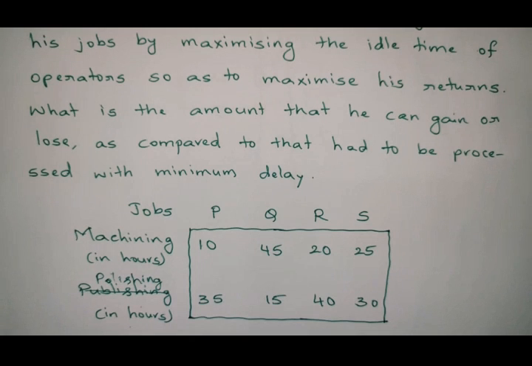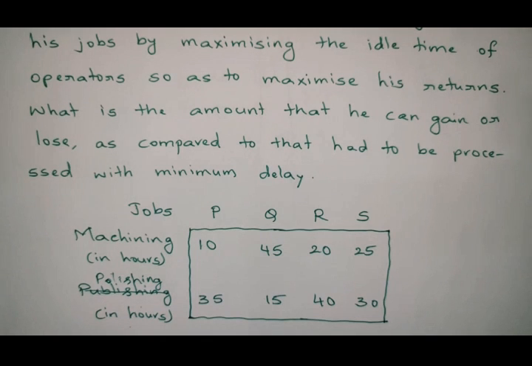And if he sequences the jobs in such a way that the idle time of the machines is less, then he is asking us to find the amount difference between the maximization case and the minimization case. So it is a different model as compared to the previous ones. Now let us first solve the problem in the maximization case.